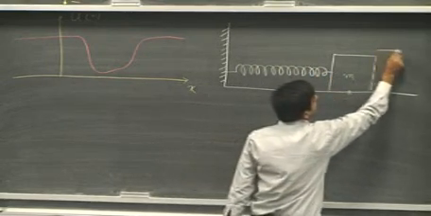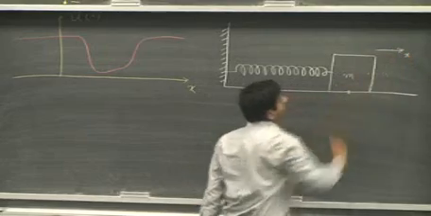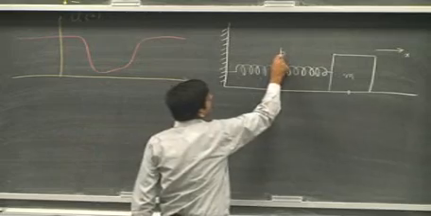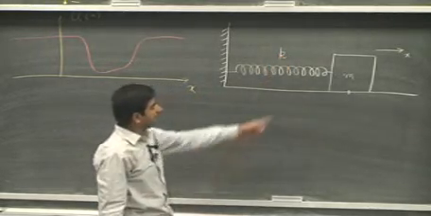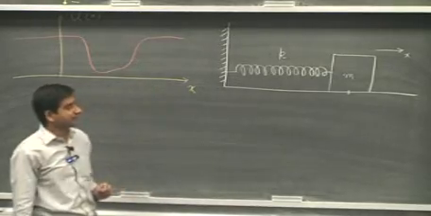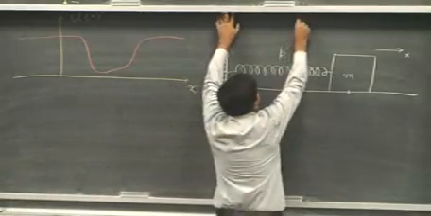And this is your x-axis. The spring constant is k, the mass is m. Now the question that I would like to ask is whether this is a bound system or not.